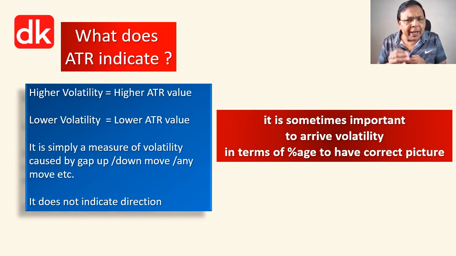If the true range is only 10 and the current value of the stock is say 500, then in percentage terms it is quite less. To have the correct comparative value, it is important to sometimes calculate the ATR in terms of percentage to have a better conceptual understanding.